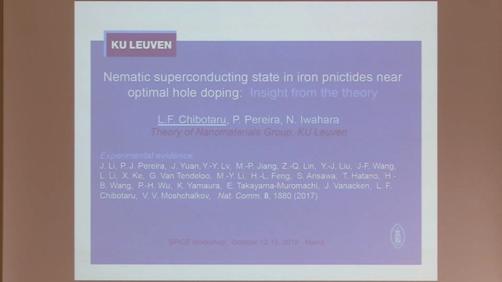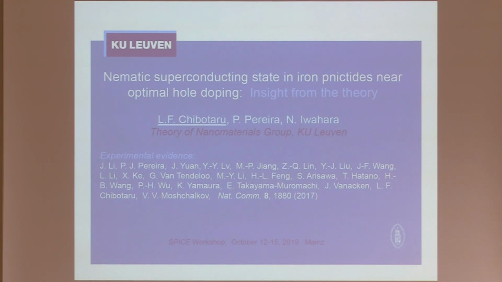It is observed first in the electronic normal phase, and then lowering the temperature, we enter the superconducting phase, which of course contains the imprint of the symmetry breaking in the normal state. This is how the nematic state is manifested in the superconductor.